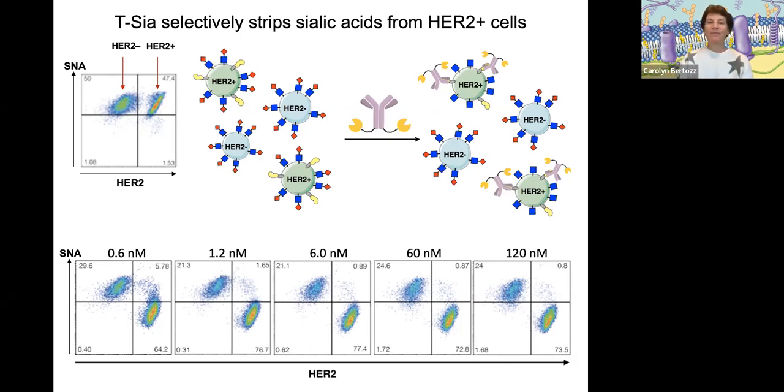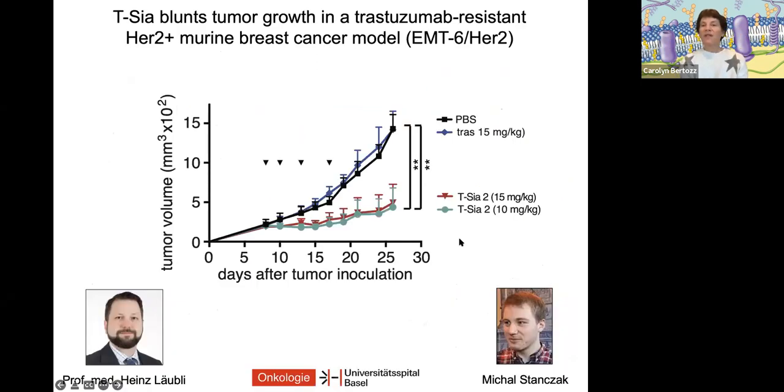cell type. So we joined forces with Heinz Laubli, who is an oncologist at University Hospital Basel, and who was working in a breast cancer model in the mouse, a syngeneic orthotopic model in which the EMT6 breast cancer cell line is engineered to express human HER2 and then can be engrafted in the mammary fat pad. And this is a model that's notoriously resistant to the naked antibody trastuzumab.